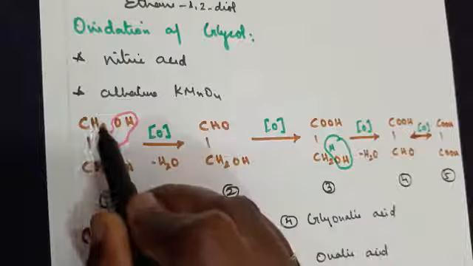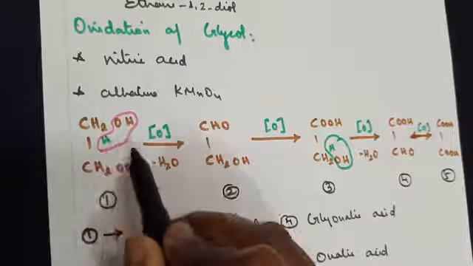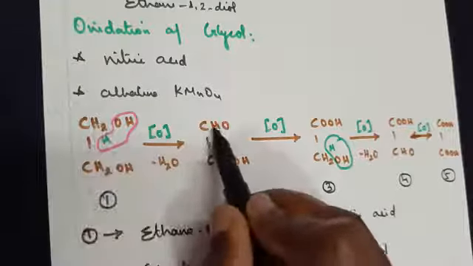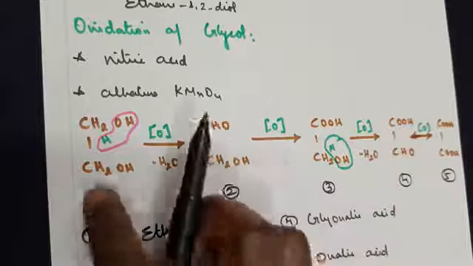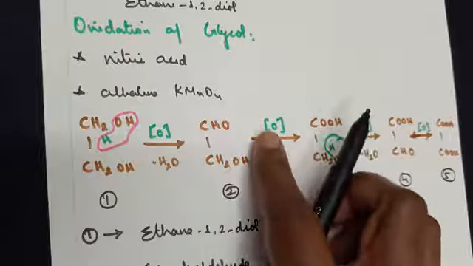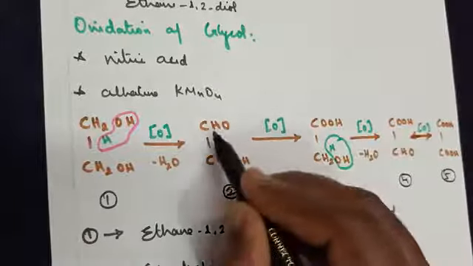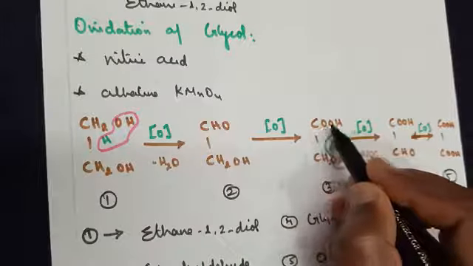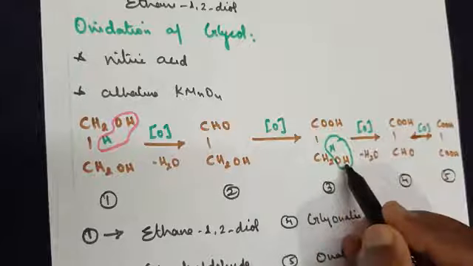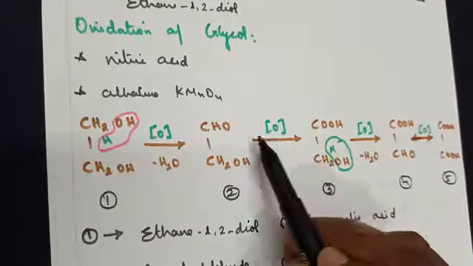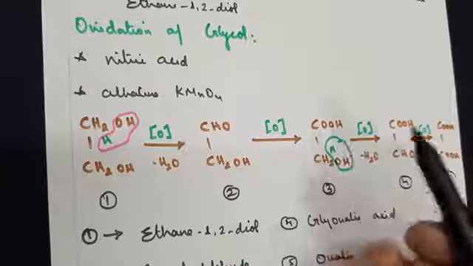Out of the 2 hydrogen, one combines with the OH and goes out as a water molecule. You are left with 1 hydrogen, CHO. The CH2OH remains as it is. Further, when you oxidize, another oxygen gets added. So CHO becomes COOH and CH2OH remains as it is. So the upper portion of the reaction is completed.